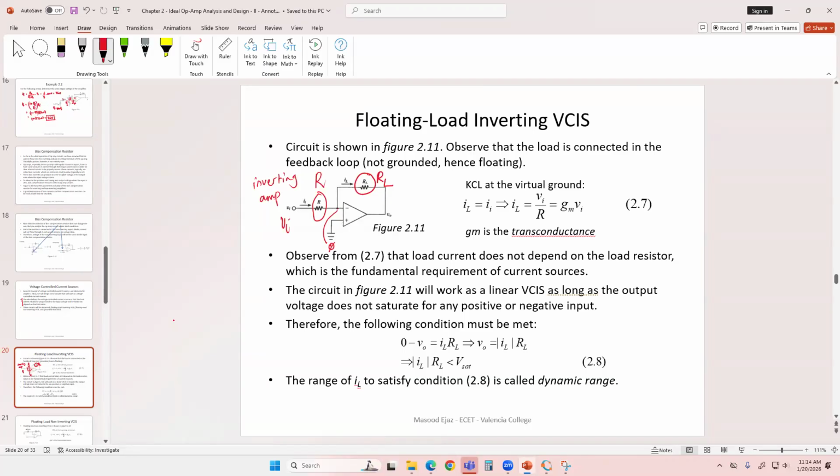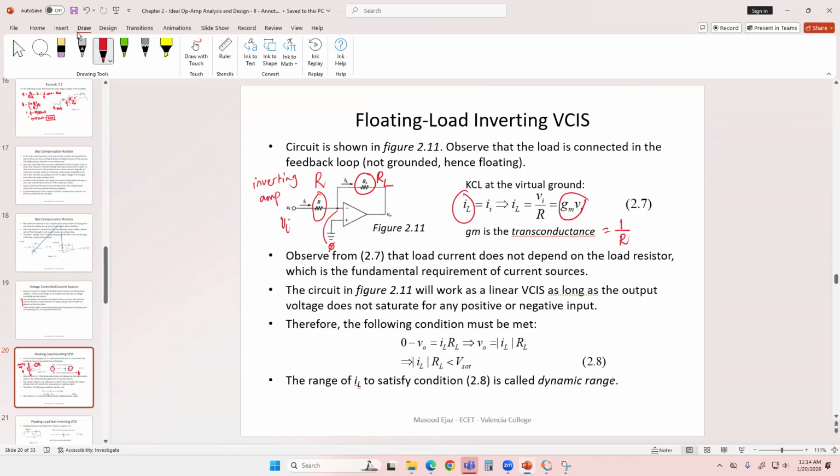So V input minus 0 over R is equal to the current coming out of the voltage source V input, which means the load current will be simply V input over R. And 1 over R we are calling GM, the transconductance, which is equal to 1 over R. So the load current can be given by GM times VI.